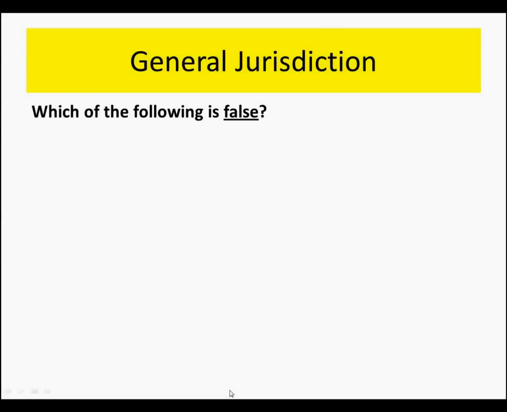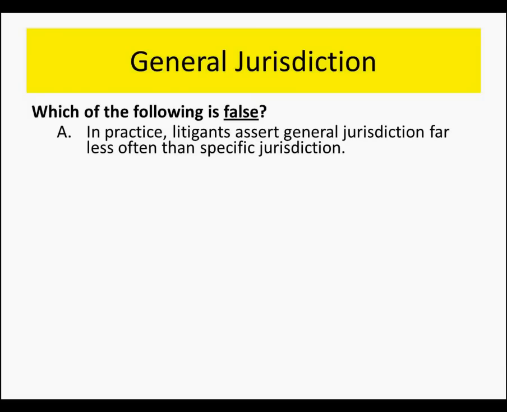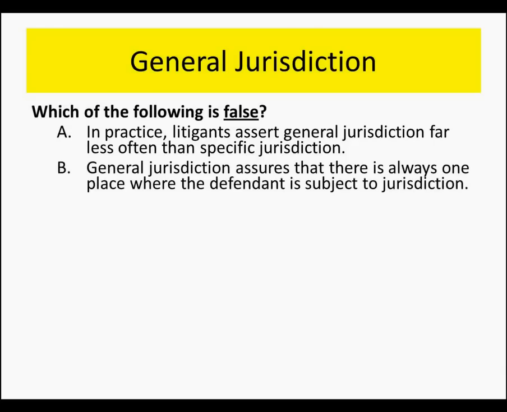All right, here's a multiple choice question. We're going to read it through, pause the video for a second, decide what you think the answer is, and then restart it so that you can hear the explanation. Which of the following statements is false? A, in practice, litigants assert general jurisdiction far less often than specific. B, general jurisdiction assures that there's always one place where the defendant is subject to jurisdiction.